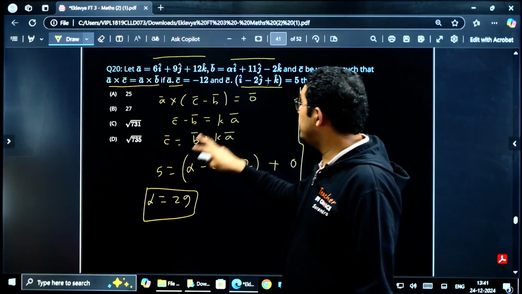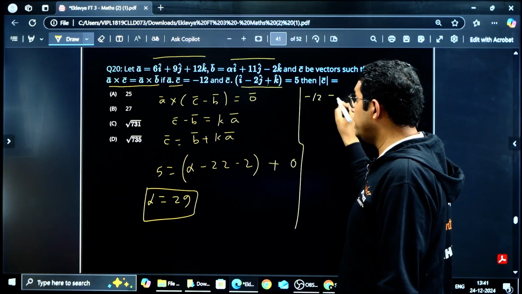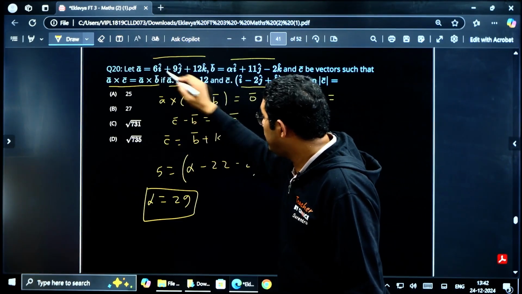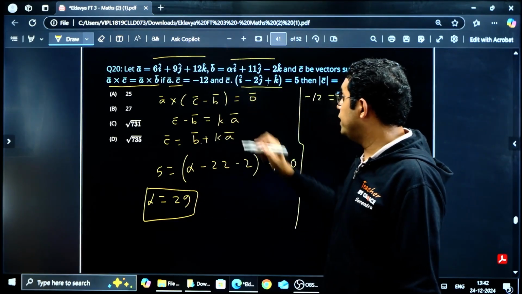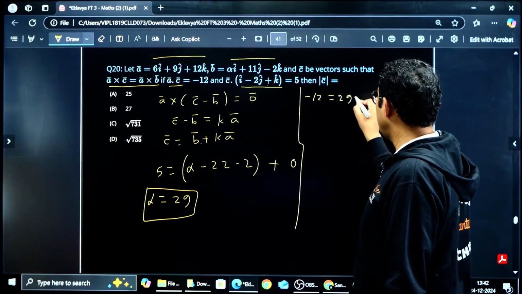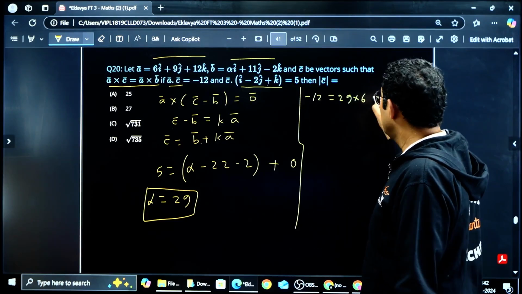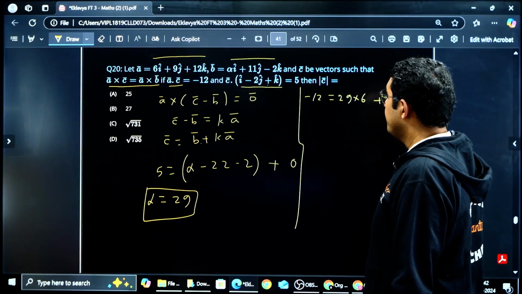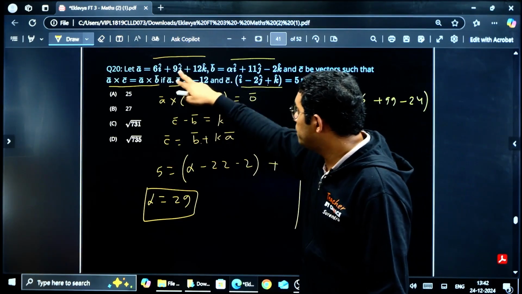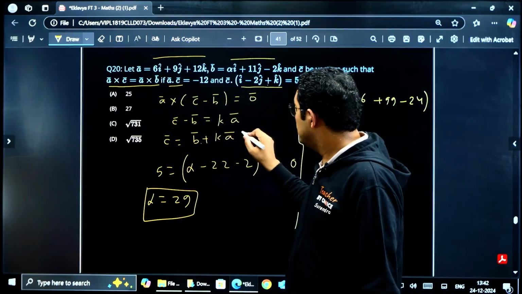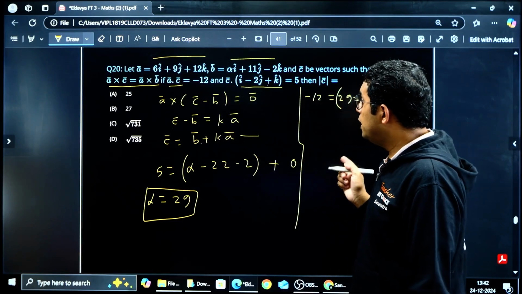Then another thing I will take is the dot of C with A, which is equal to minus 12 on the left hand side. If you take dot of A with this B, already we have got alpha equal to 29. So 29 into 6 plus 99 minus 24, that is what we are getting for A dot B. I have taken dot of this equation with A on both sides.